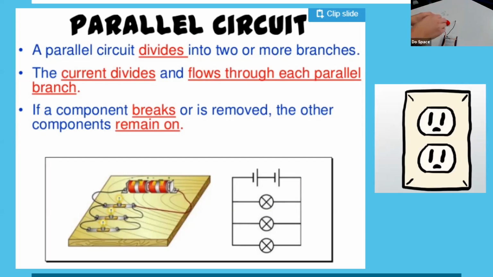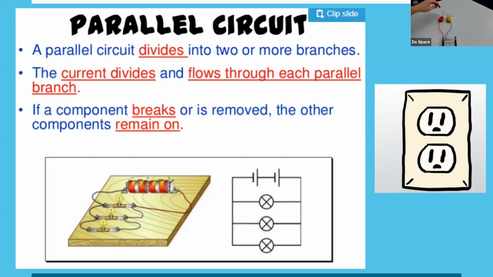So to keep things consistent, I'm going to put our positive wire, or red wire, into our red Play-Doh. And then I'm going to put this yellow Play-Doh to be our negative. So we have negative, positive.